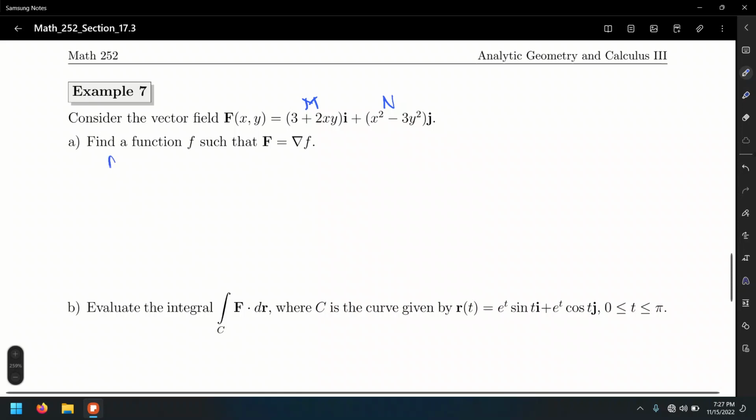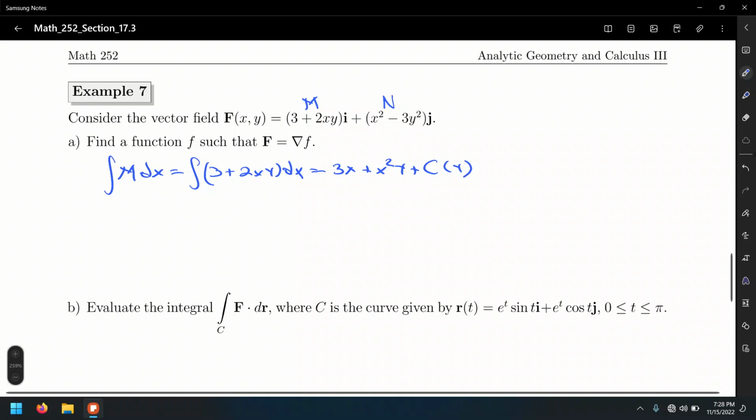So let's do first of all the integral of M dx, which in this case is the integral of 3 plus 2xy with respect to x. That's going to be 3x plus x squared y plus some c of y. In this case, we're just working with two variables, not three.